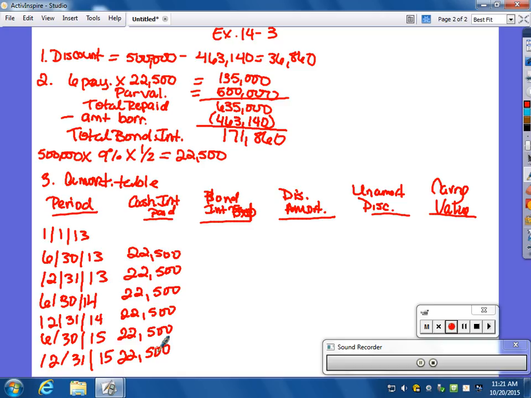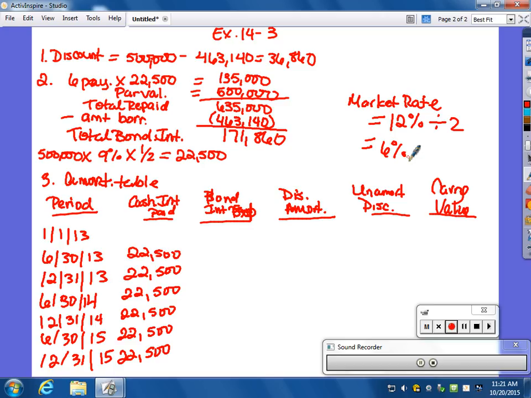How do you think it changes? You take the prior period's carrying value and you multiply it by the market rate. What was the market rate? The market rate was 12%. But it's semi-annual payments, so we do what with it? Divide that by 2 equals 6%.